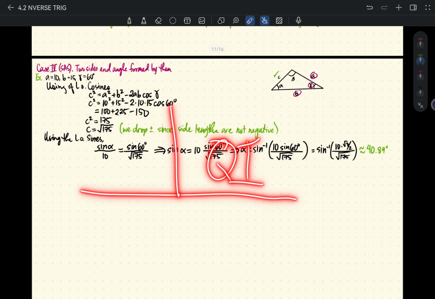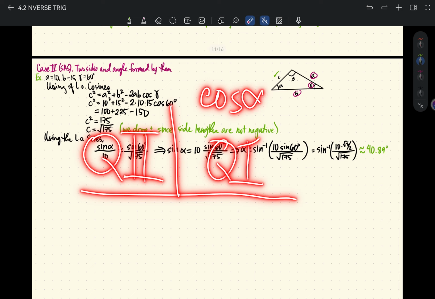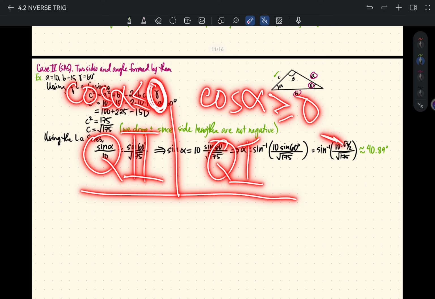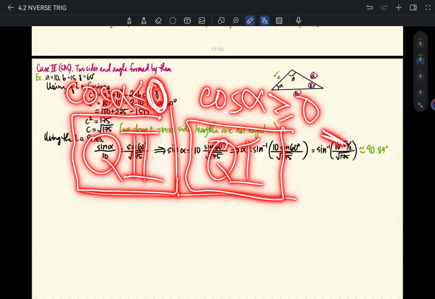That's because if you look at quadrant 1 and quadrant 2, here cosine alpha is greater than or equal to 0, but on this side, cosine alpha is less than or equal to 0. So if you have a positive cosine, you're already sure that it's in quadrant 1, but if cosine alpha is less than or equal to 0, then it is in quadrant 2.